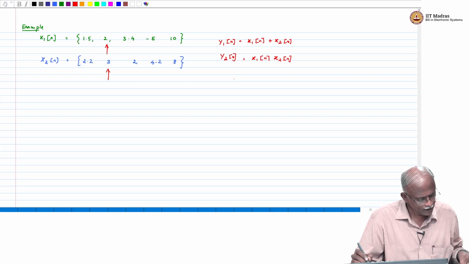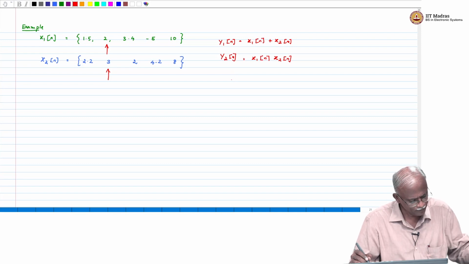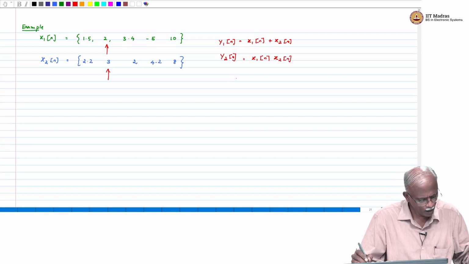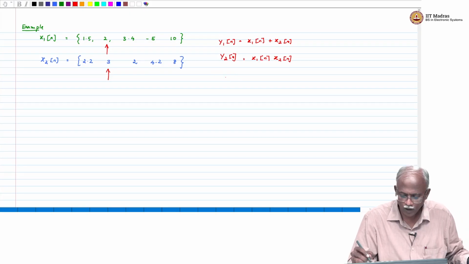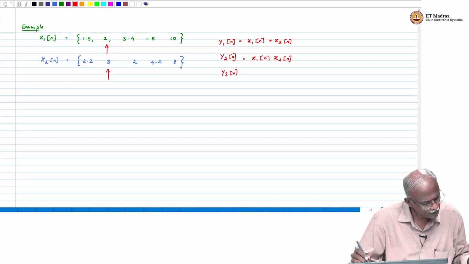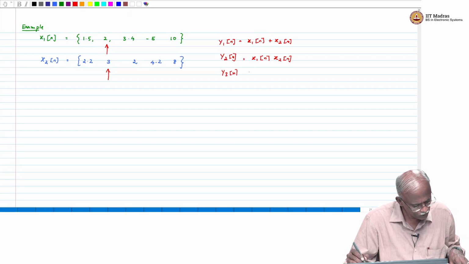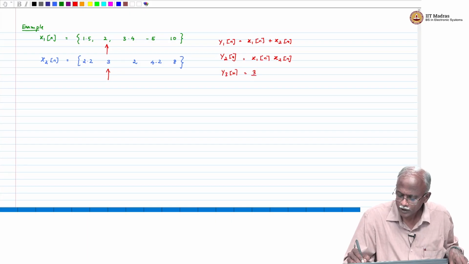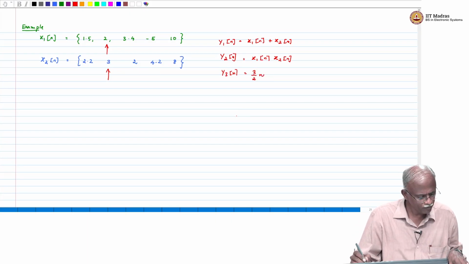And then y3 of n is a scaling, alpha times x1 of n.